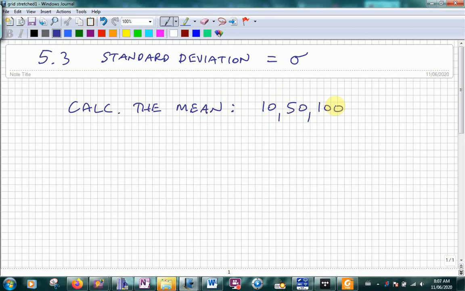Now if those were marks, what could you say about this person? If someone got 10% on a quiz, 50% on a quiz, and 100% on a quiz, I would say they're improving for sure. But what's the word here? That's an incredible range, isn't it? I mean, what kid does this? It's not very common.